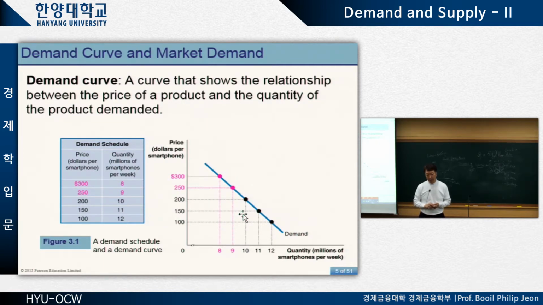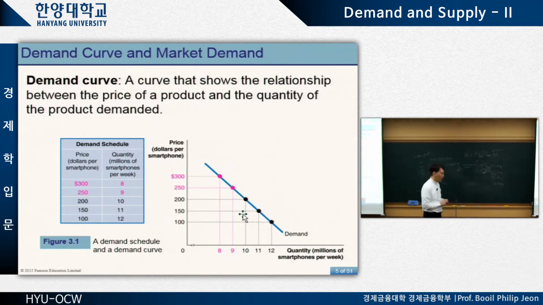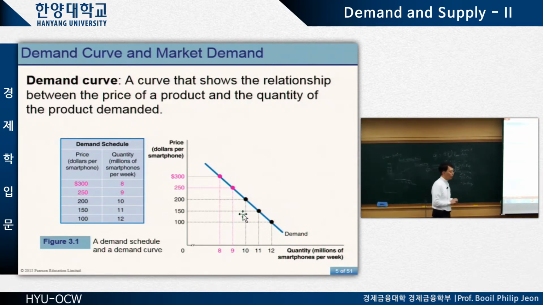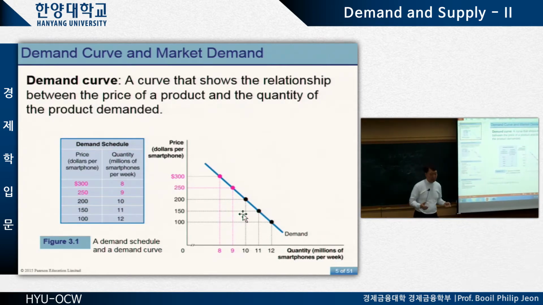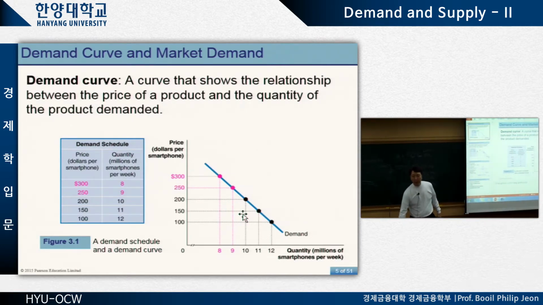In the end, the answer is, of course, satisfaction. People consume goods or services to gain satisfaction. In economics, we call it utility. We believe everybody tries to maximize utility with the given amount of money they have.